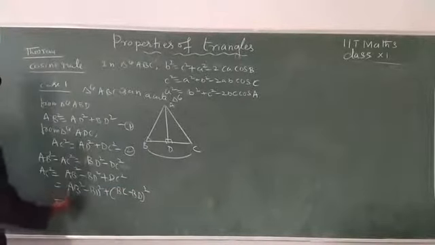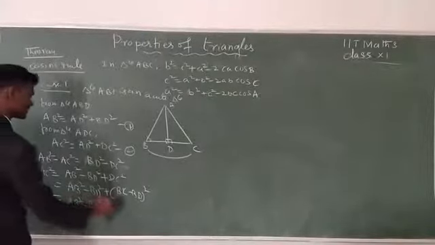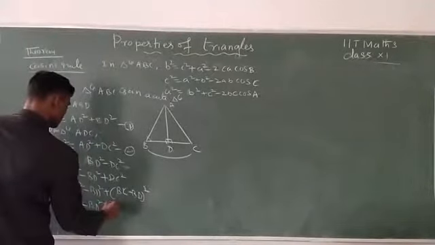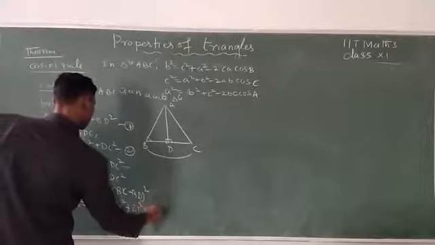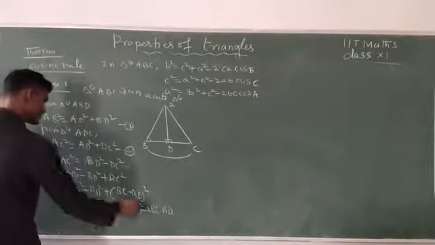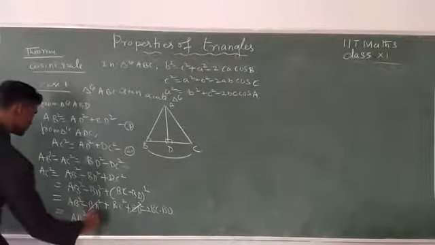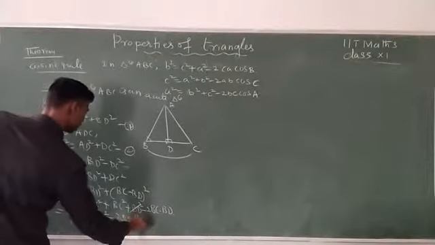Now you can write AB square minus BD square plus, using the (A minus B) whole square formula, A square plus B square minus 2AB. Now this BD square cancels, then AB square plus BC square minus 2 BC into BD.